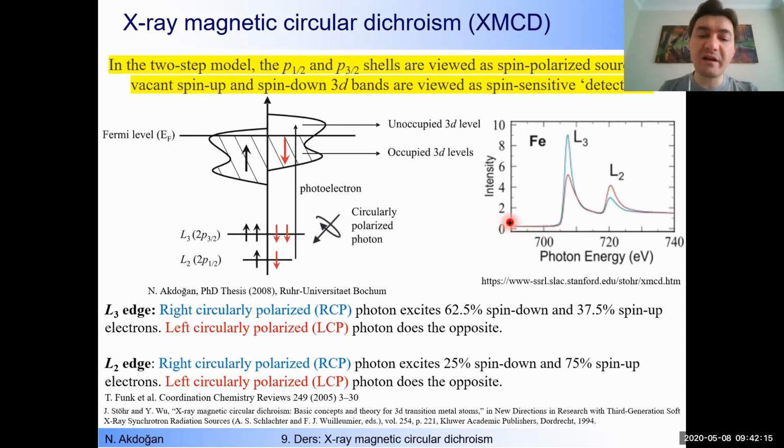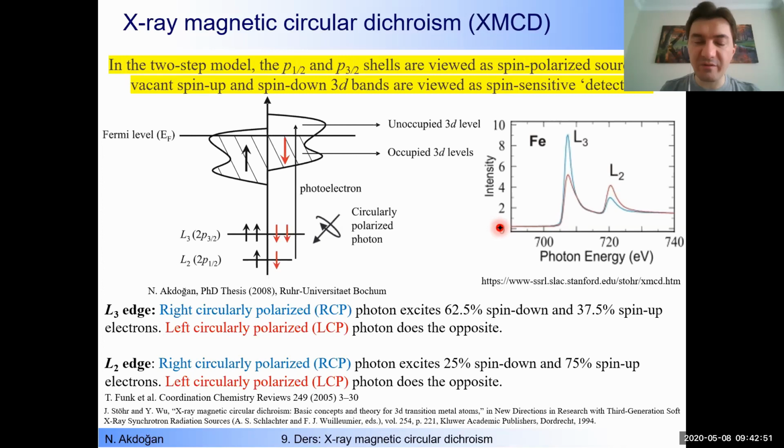I told you that I will also explain the behavior of this shape, the intensity as a function of photon energy, and why we have this type of behavior. We did not discuss this during the last lecture. And today, you will see the reason to obtain such signals from XRMS and XMCD.